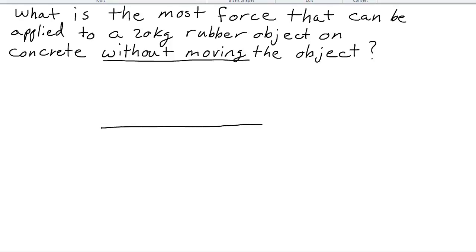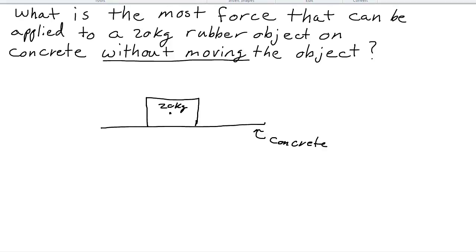So I have a surface, and that surface is made of concrete. Sitting on top of that surface, I have a 20 kilogram object. Now that we've drawn the object, we need to draw all the forces acting on it.